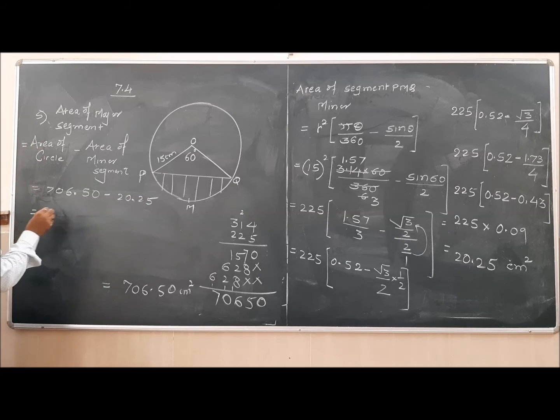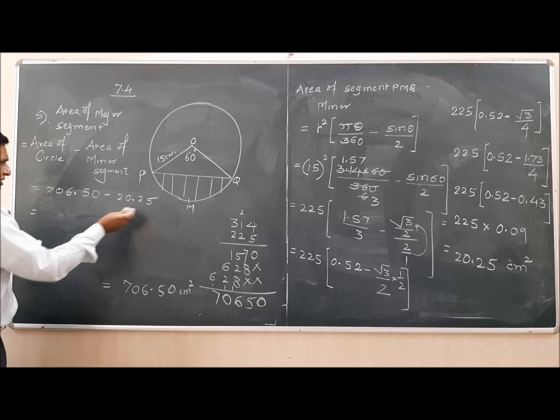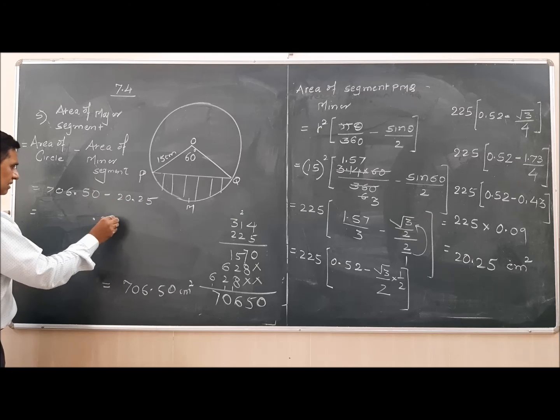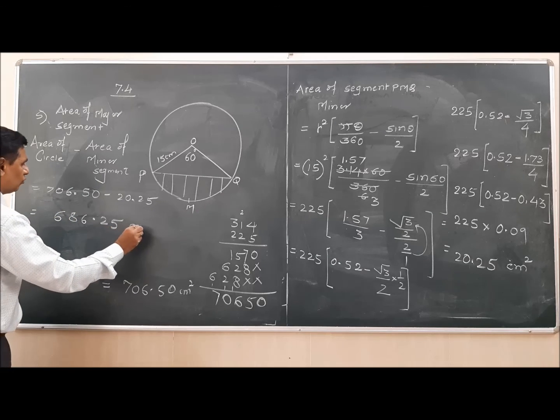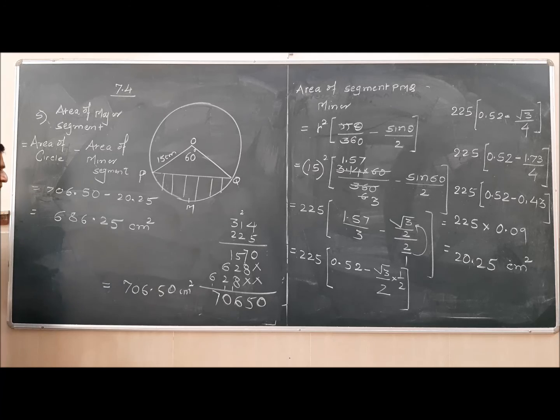The difference between them: 0.50 minus 0.25 is naturally 0.25. Then 706 minus 20, you will get 686.25 centimeters square.